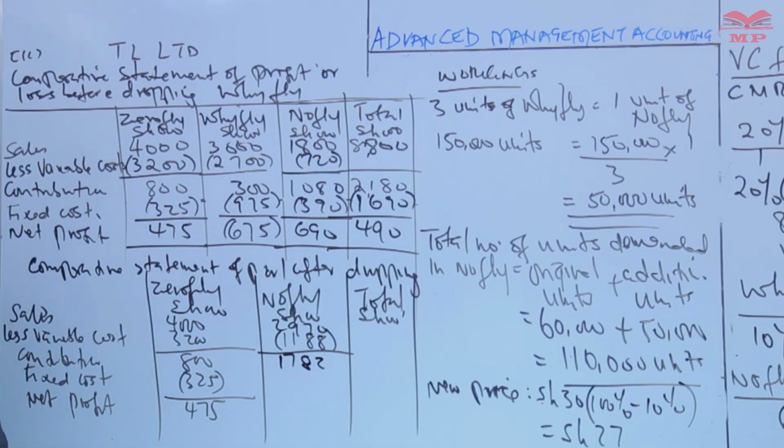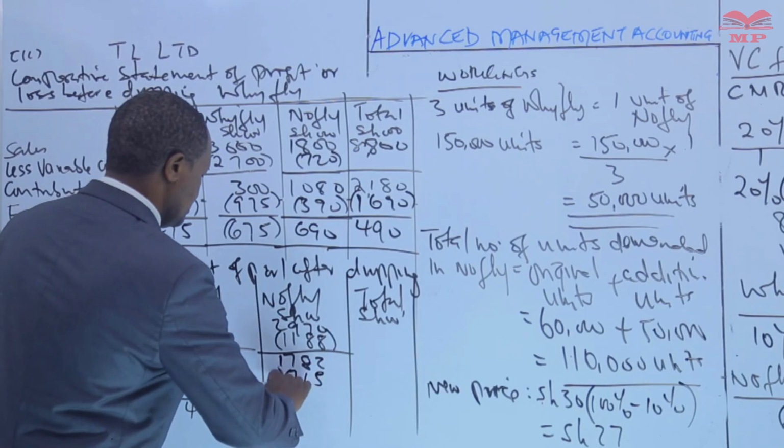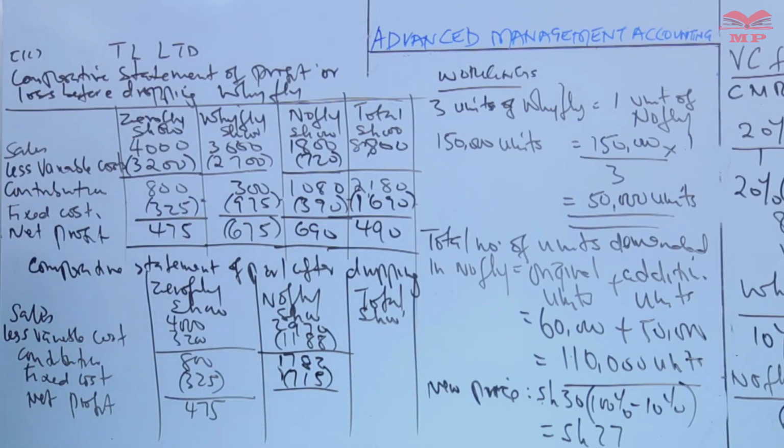How about the fixed cost? 110,000 units times the fixed cost of 6.5 per unit, 6.5 times 110. Anthony says 715. Deduct the fixed cost from the contribution.